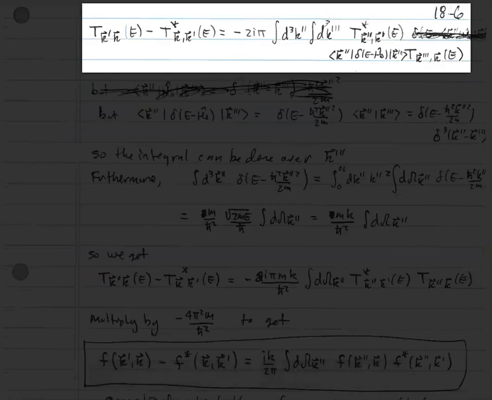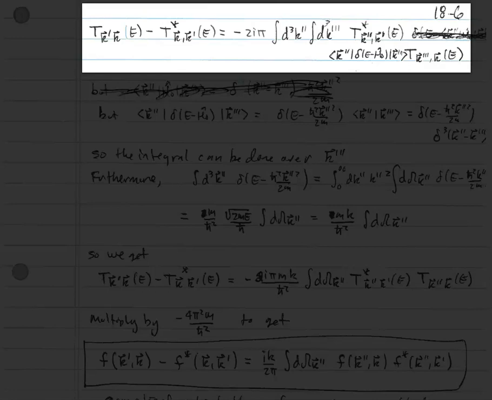And what we find is t k prime k of e minus t k k prime star of e is equal to minus 2 I pi integral d cubed k double prime integral d cubed k triple prime t k double prime k prime of e star, matrix element k double prime delta of e minus h0 k triple prime, t k triple prime k of e. Now, we can look at that matrix element with the delta function.